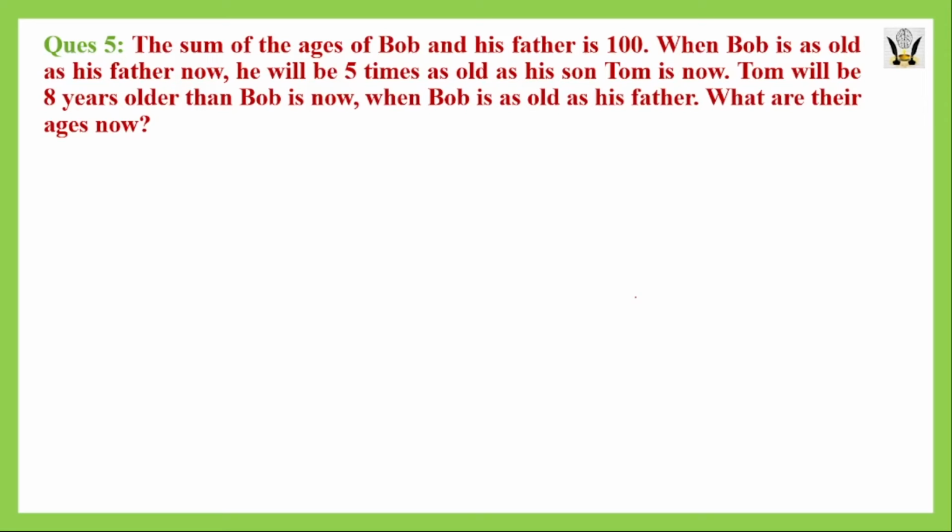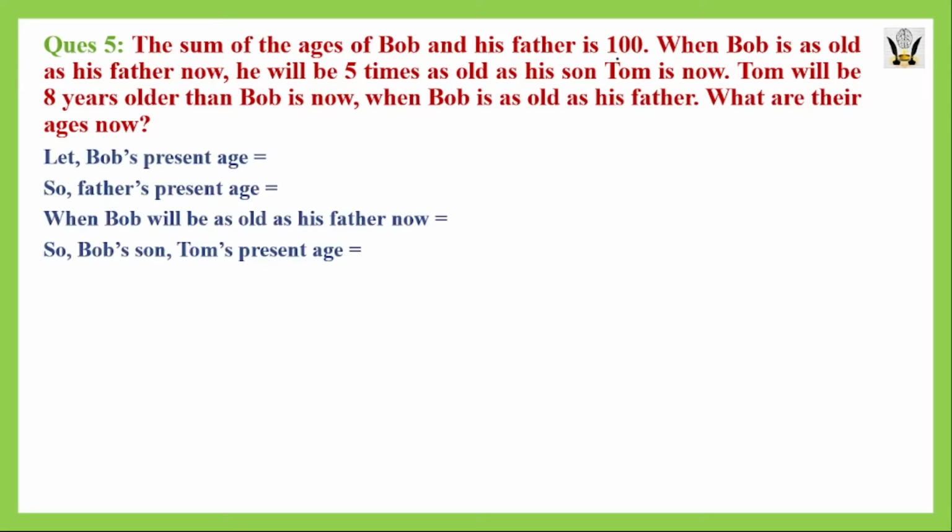Now where will we start? The sum of the ages of Bob and his father is 100. So we'll start with, say, Bob's age. We will assume that Bob's current age is x years. Bob and his father, the cumulative age is 100. So if Bob's present age is x, then definitely father's present age will be 100 minus x years.